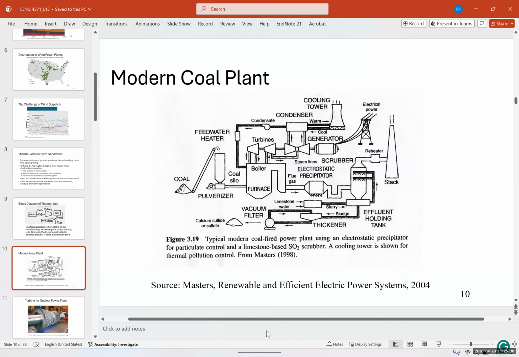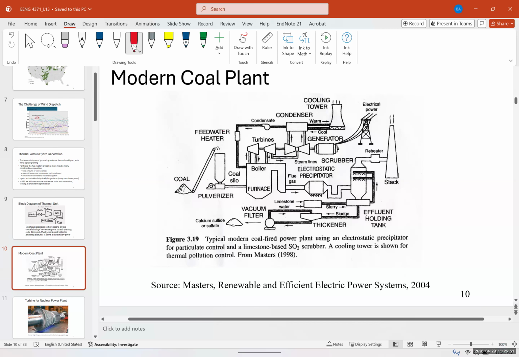Now, the modern coal power plants include elaborate environmental control systems, like scrubbers to remove sulfur dioxide, electrostatic precipitators to capture particulate matter. And let me give you an example.